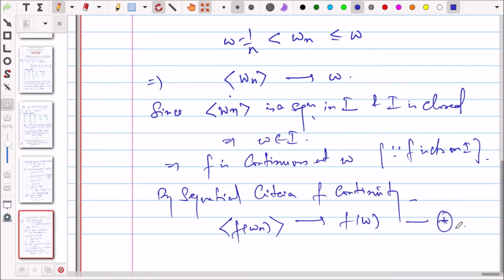Mark it as star. Okay, so f of wn converges to f of w.